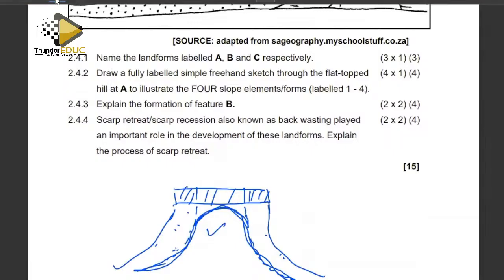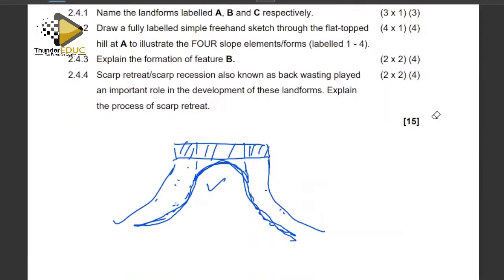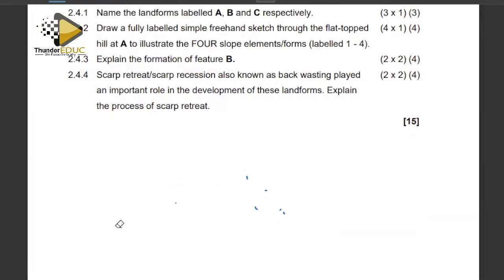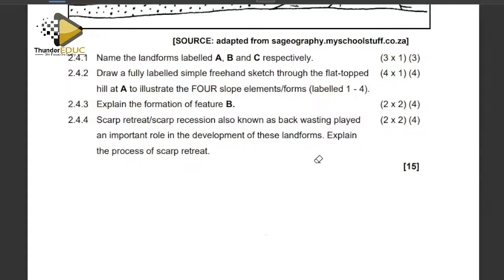Right, then the last question, it says scarp retreat or scarp recession, also known as backwasting, plays an important role in the development of these landforms. Explain the process of scarp retreat.